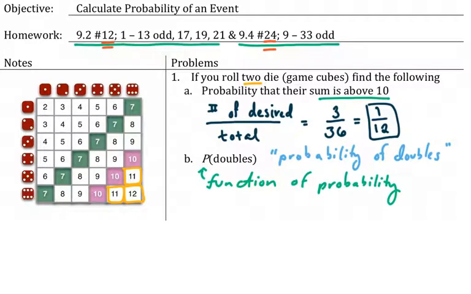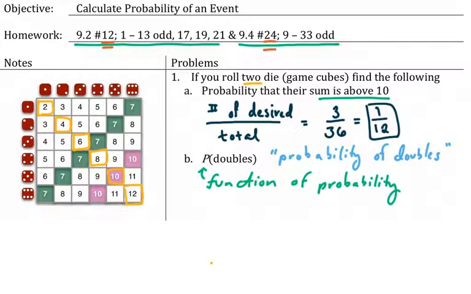All right, here we're looking at P of doubles, which remember is the probability of doubles. In that context, what that will mean is that we're getting the same thing for both. So if we're looking at this table here, this would be a double because both dice are 1. And it actually is this diagonal here. They're both 2, both 3, both 4, both 5, both 6.